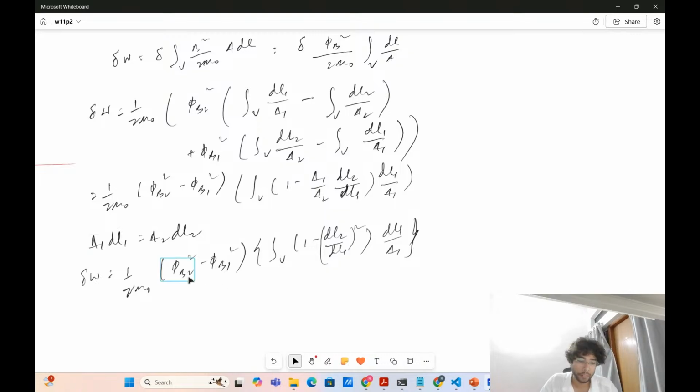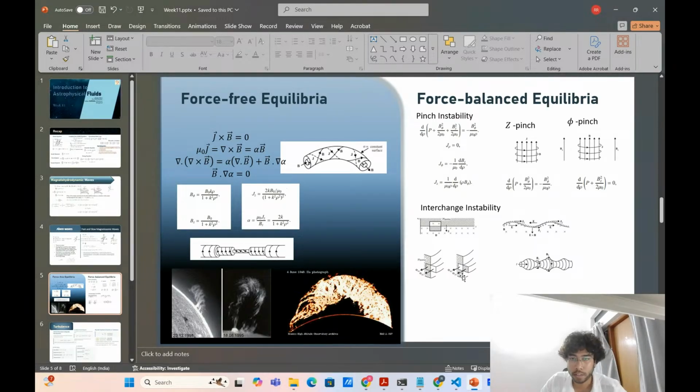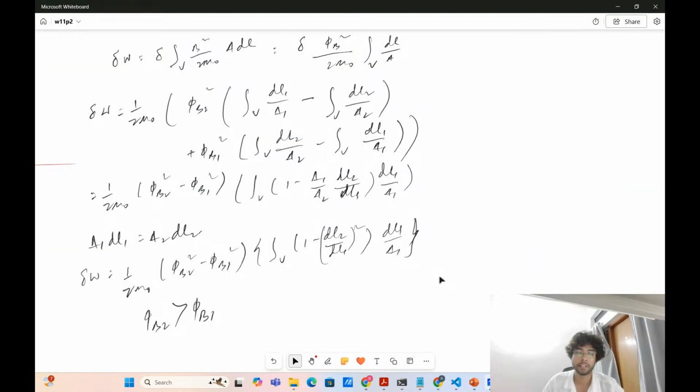So if we have phi b2 greater than phi b1, that means the flux outside was higher, and if we interchange the flux in the inside region, then for delta W to be negative, dl2 has to be less than dl1, right? Or sorry, the opposite.